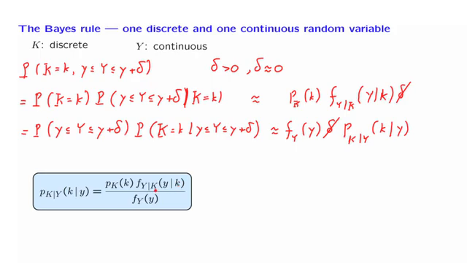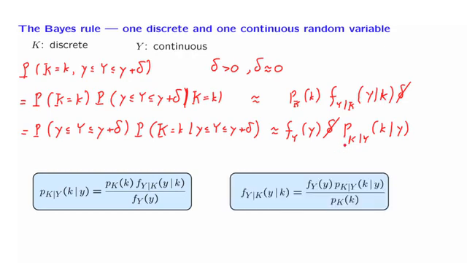So for any possibility for the random variable K, we need to know the distribution of the random variable Y. Or alternatively, we can take this term and send it to the denominator of the other side, and we get a different version of the Bayes rule. This version applies if we're trying to make an inference about a continuous random variable Y, given that we know the value of a certain related observation, k, of a random variable capital K.